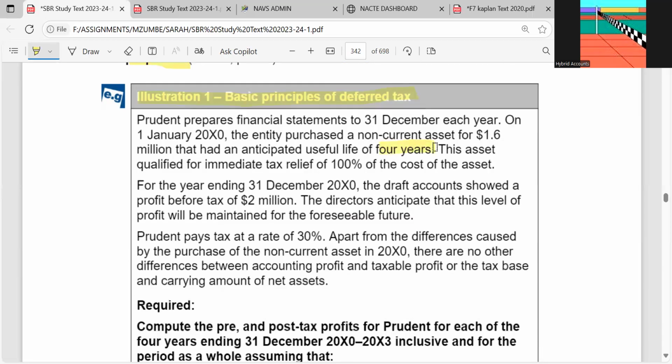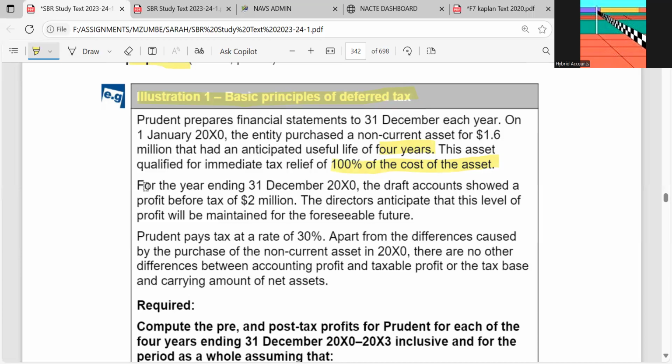This asset qualified for immediate tax relief of 100% of the cost of the asset. You see now, the tax purpose allows for 100%, so it's like you charge all of the asset's depreciation in the first year, while for accounting purpose, you would normally follow the accounting principle that the asset has a useful life of 4 years. You would need to depreciate it, let's say straight line because it's not specified, right?